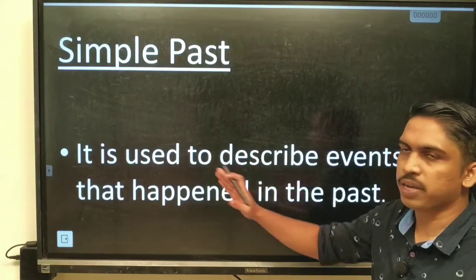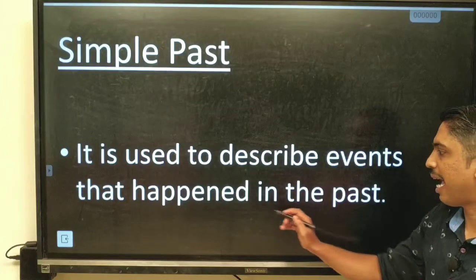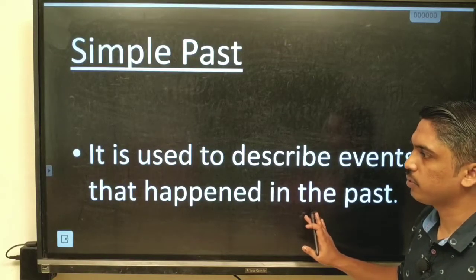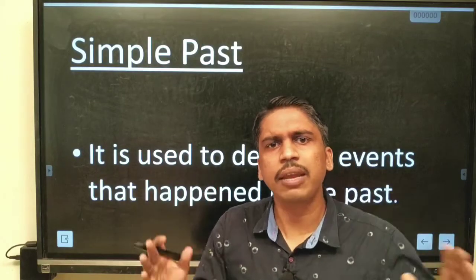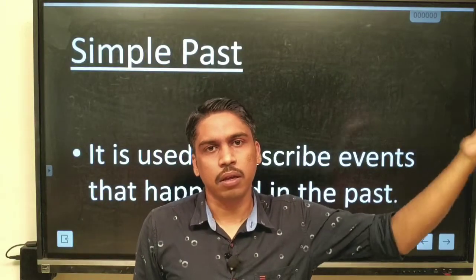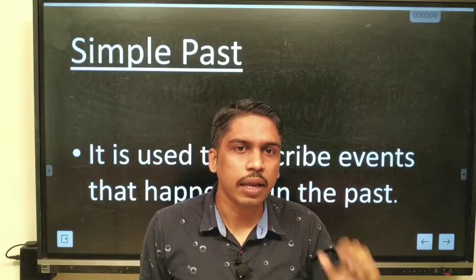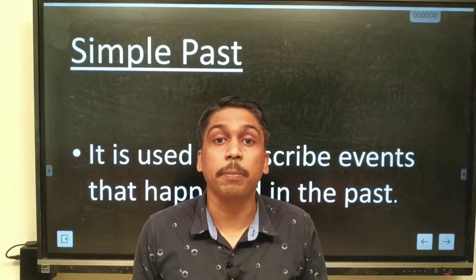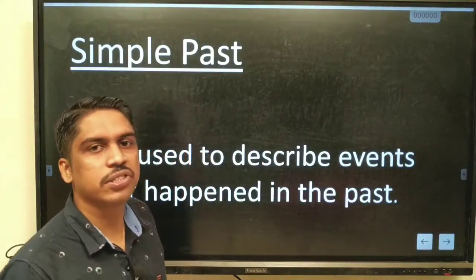The simple past tense is used to describe events that happened in the past. Okay, so that is the simple past tense. There is no time reference. It may be yesterday or the last month or the last year. So any event, any incident that happened in the past, is being discussed in the simple past tense.